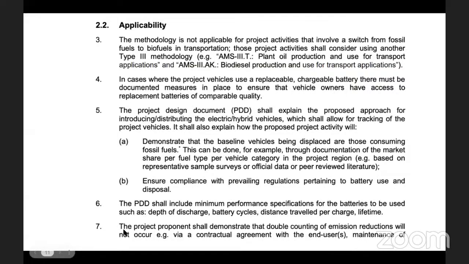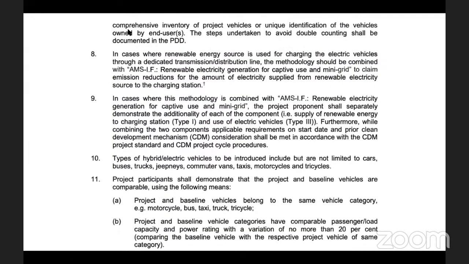The project proponents shall demonstrate that double counting of emission reduction will not occur, for example via a contractual agreement with the end user, maintenance of a comprehensive inventory of project vehicles, or a unique identification of the vehicle owned by end users. The steps undertaken to avoid double counting shall be documented in the PDD.